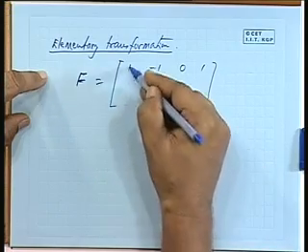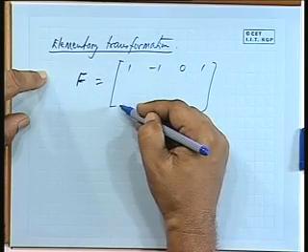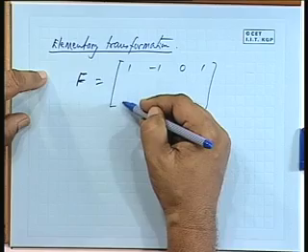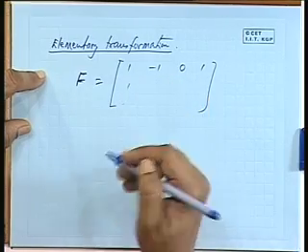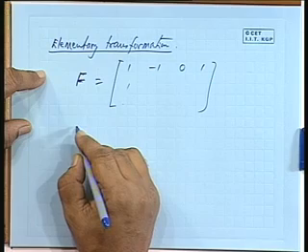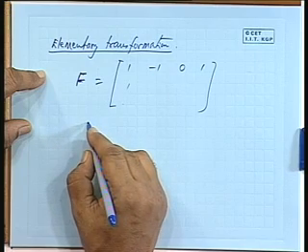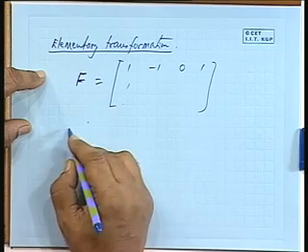When we try to make those operations, changing the rows or interchanging or changing the sign, similar operations can be done by elementary transformation, we call it.